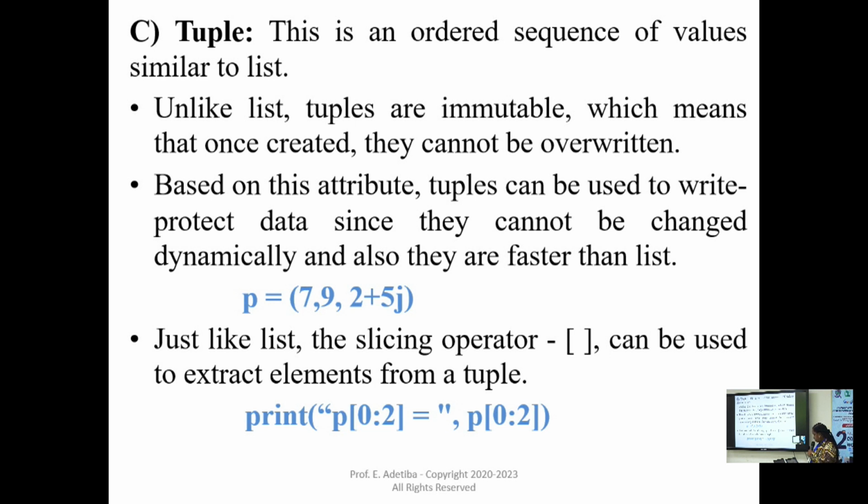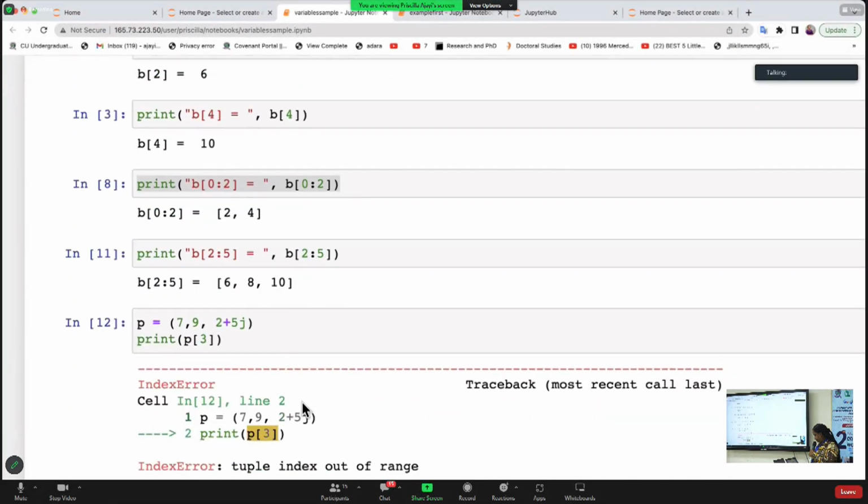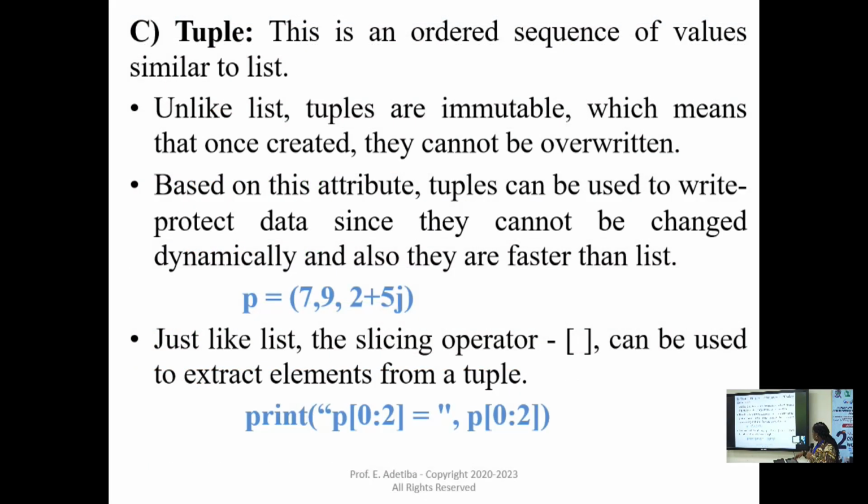Then we close the brackets. Are we there? Have we typed the 7, 9, 2 plus 5j?